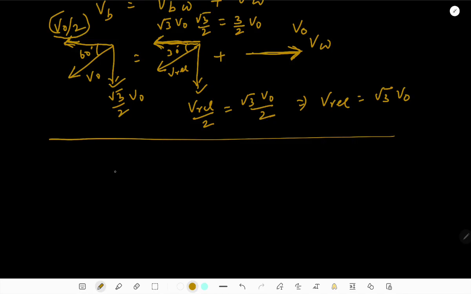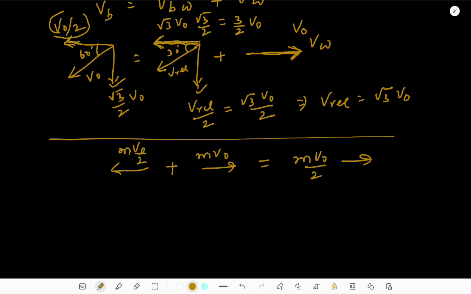Velocity of the block in horizontal direction is v0 by 2, so its momentum will be mv0 by 2, and the horizontal velocity of the wedge is v0, so its momentum is going to be mv0 towards right. So I get the total value equal to mv0 by 2 towards right in the horizontal direction.